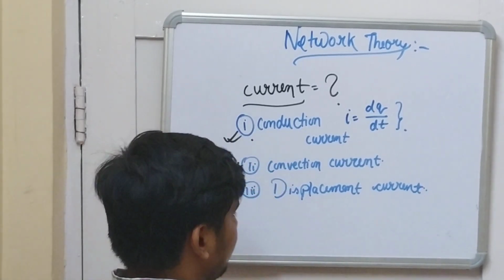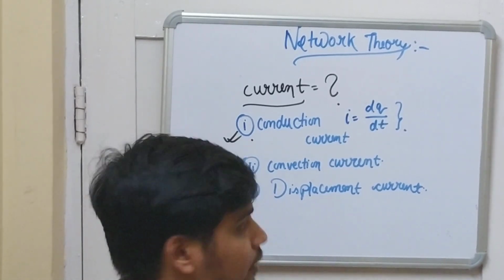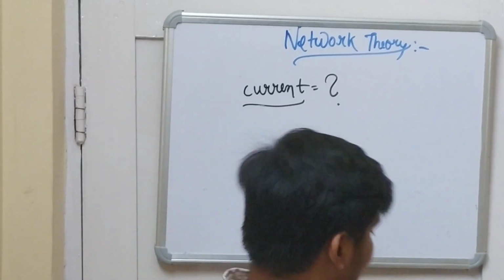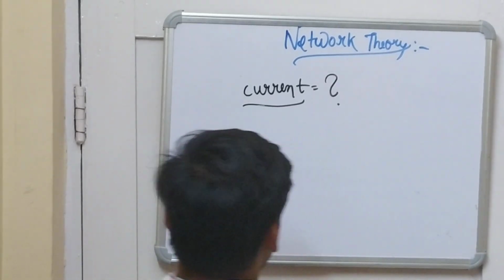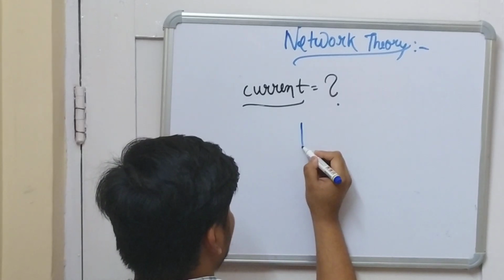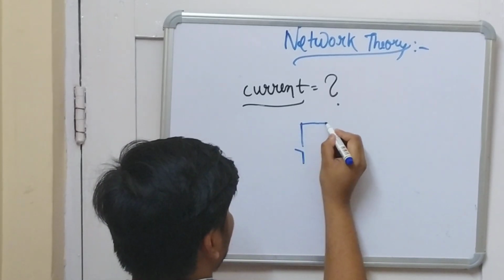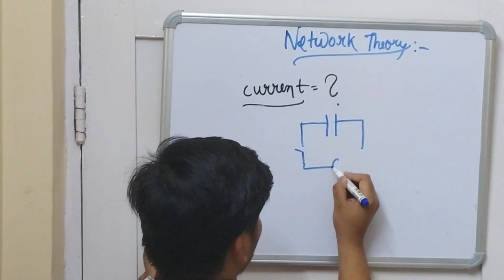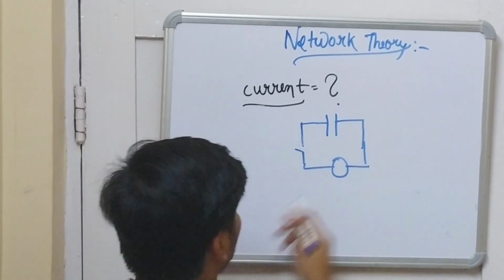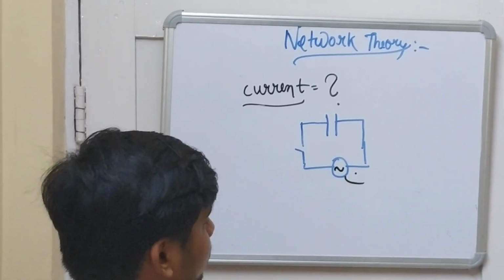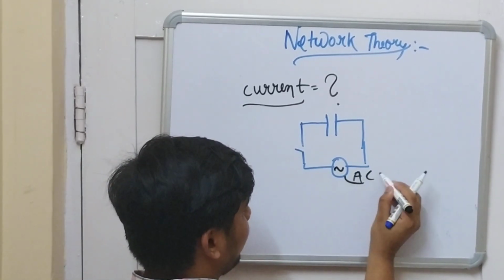Now displacement current. To understand displacement current, let's draw a circuit. This is an AC supply.